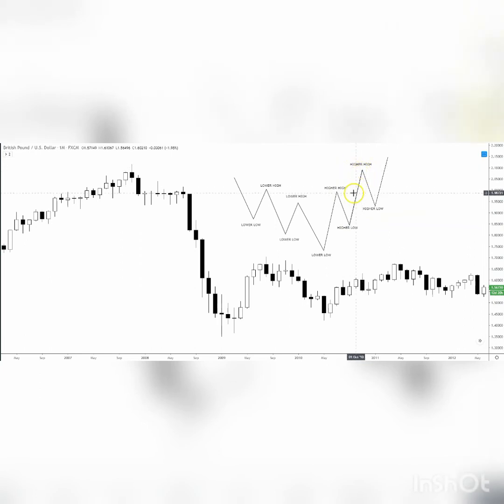And then in order for us to carry on this same trend, this uptrend, same thing again: higher low and then higher high. So yeah, I hope this gives you a basic overview of how a downtrend works or how an uptrend works. So basically this is vice versa.